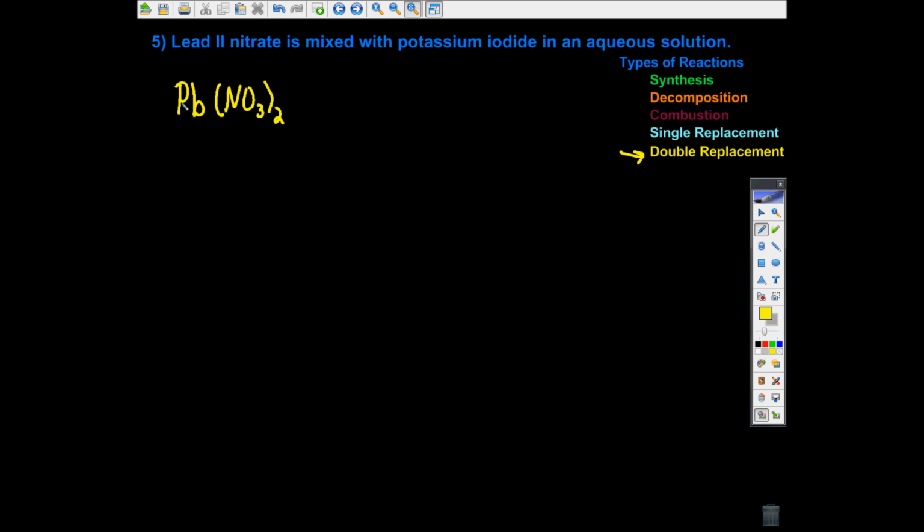Alright, positive 2 here, negative 1 there, so I need 2 of those nitrates to balance the charge on the lead. And it said it was an aqueous solution, so I'm going to put my AQ. Plus potassium iodide. Potassium is positive 1, iodine is negative 1, so I need 1 of each. And they're both in aqueous solution. Don't need any heat for this reaction to occur.